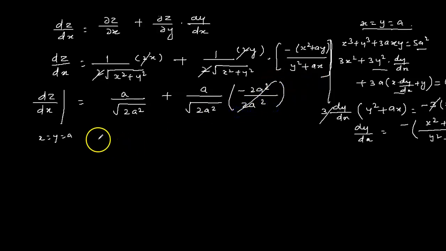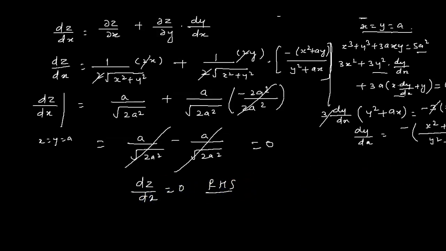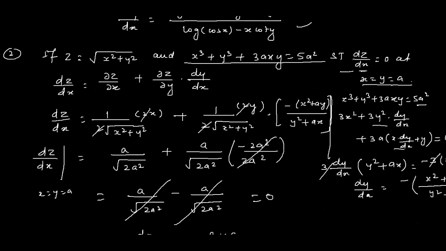This part is cancelled, so we'll get a by root over 2a square minus a by root over 2a square. This part also cancels, so we'll get 0. So dz by dx is equal to 0, that is the right hand side. We have to prove this.